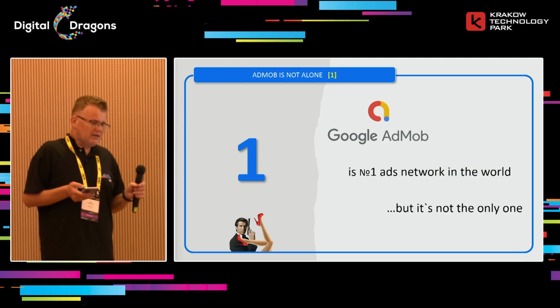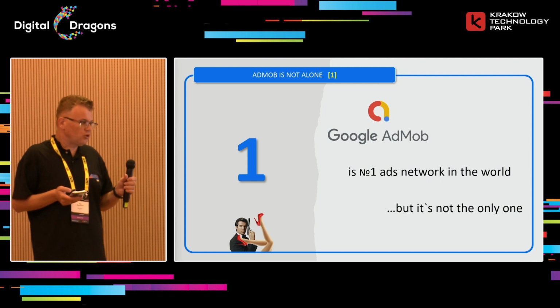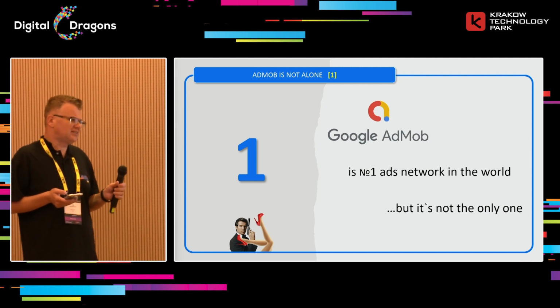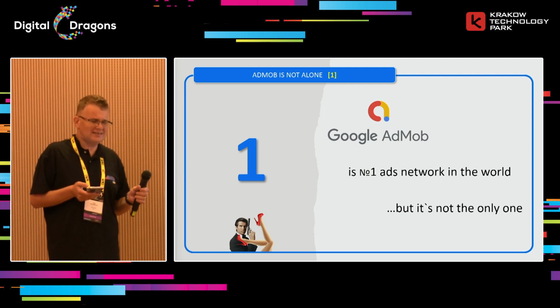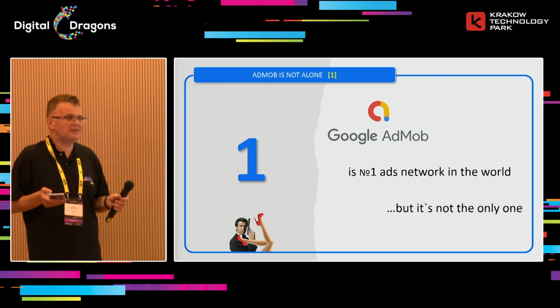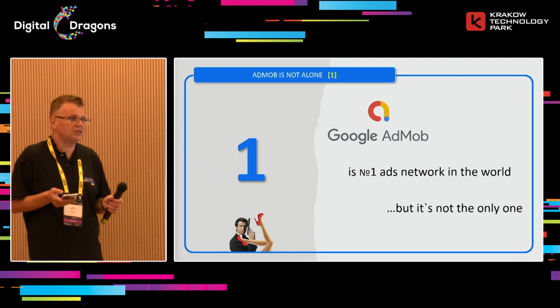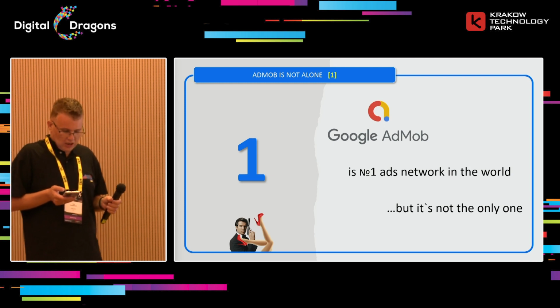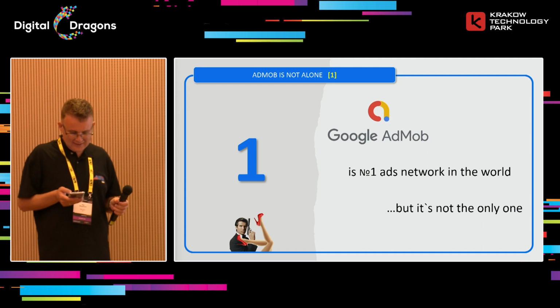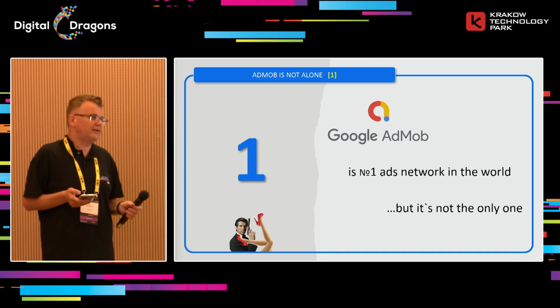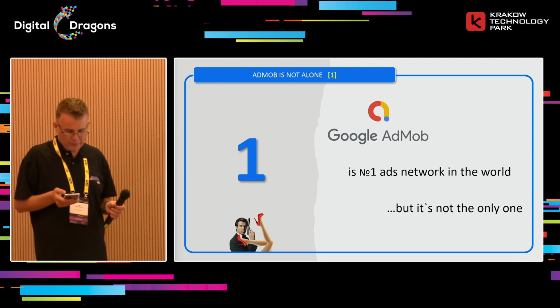I want to note that most of these tips and tricks are for classical mediation solutions, because 95% of users now are using classical mediation. So the first tip is that AdMob is not the only ad network. Yes, it's number one.